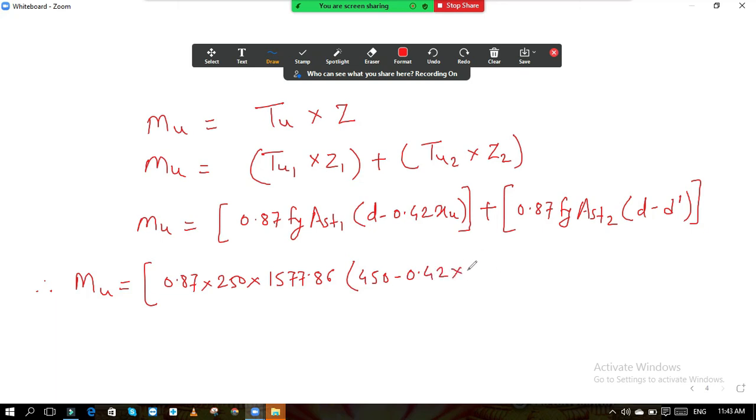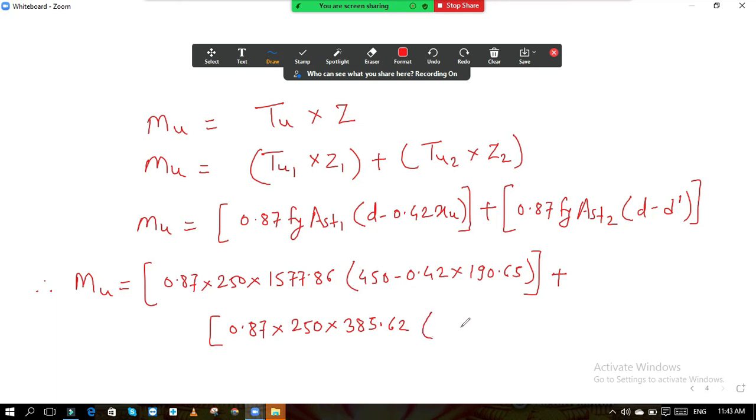What was the value of Xu? It is 190.65. This is the first term, plus for the second term it is 0.87 into 250 into Ast2, which is 385.62.